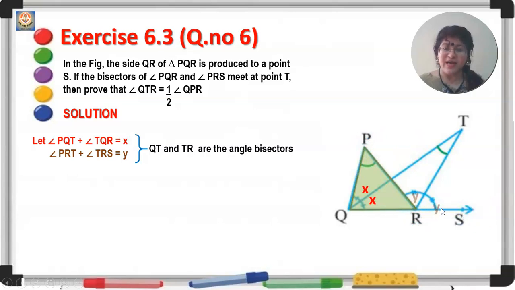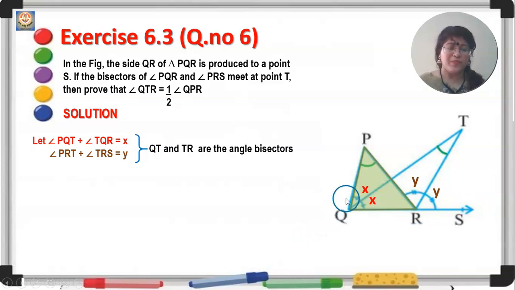So here in the diagram, when you draw it, I want you to write down this Y and Y, and this will be X and X. And the reason is QT and TR are the angle bisectors of which angles? They are the angle bisectors of PQR and PRS respectively.